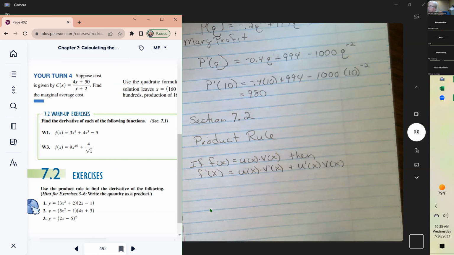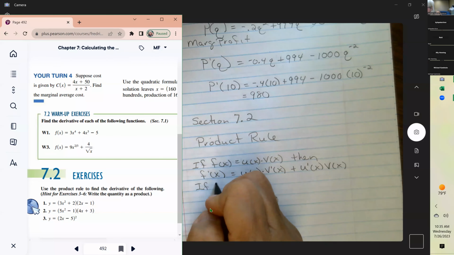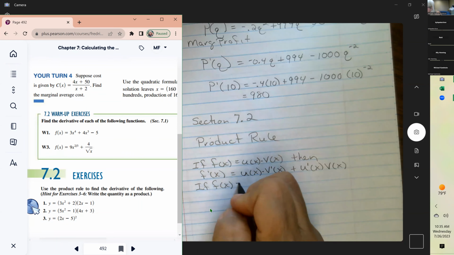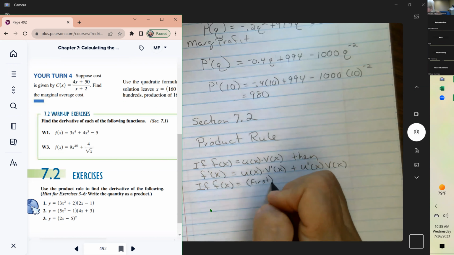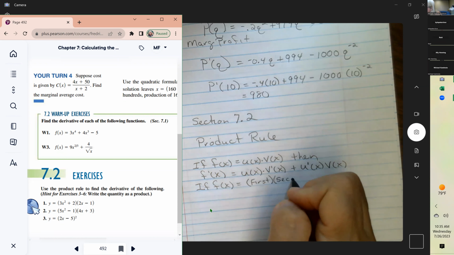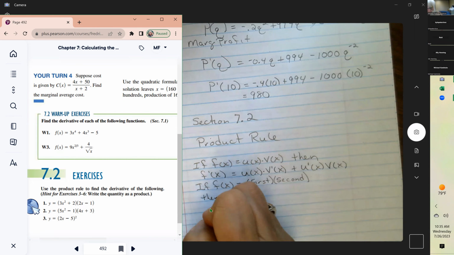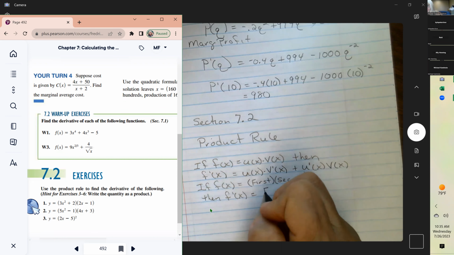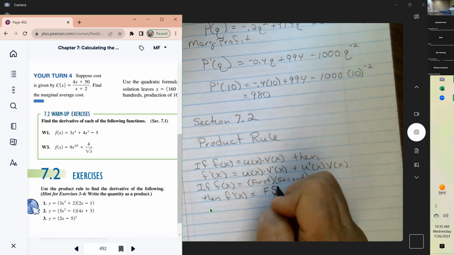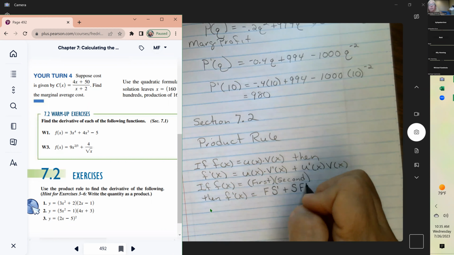Another way of remembering it is look at first and second. When you take the derivative, it's first times the derivative of the second plus the second times the derivative of the first.